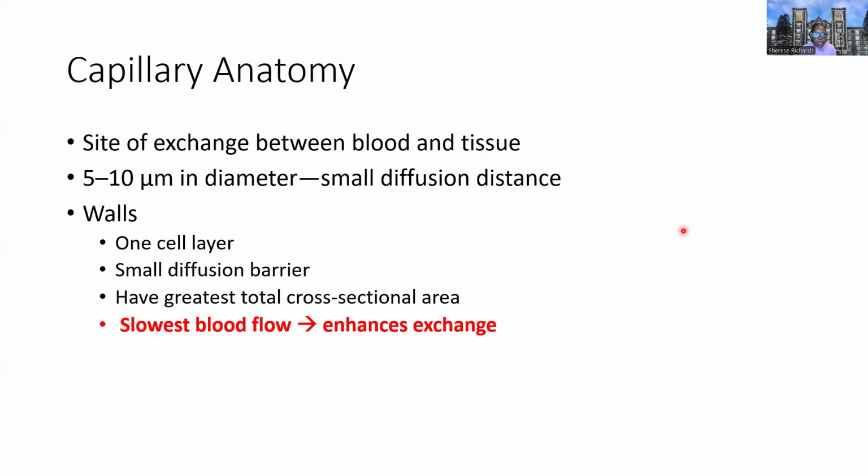So we have the most amount of capillaries in our entire system, and they have the greatest cross-sectional area, very large surface area. And then another feature is that this is the slowest area for blood flow. And the reason for that is to allow for exchange. So this takes time. In order for materials to move across in both directions, we want to have very slow flow across the capillaries.